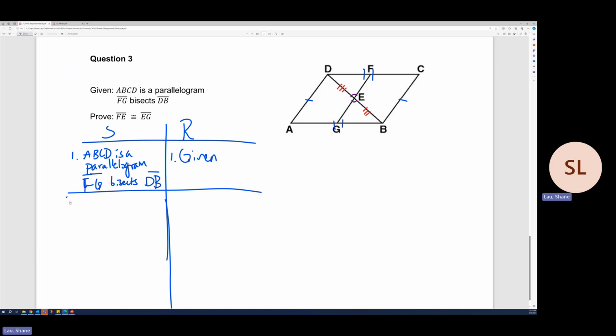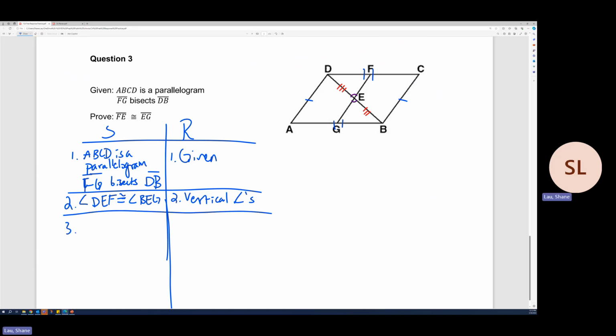So I'll give this as the first thing I'd say. Angle DEF is congruent with angle BEG. And we already said that before, it was vertical angles. Okay.